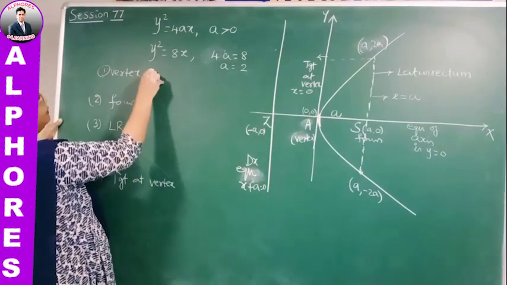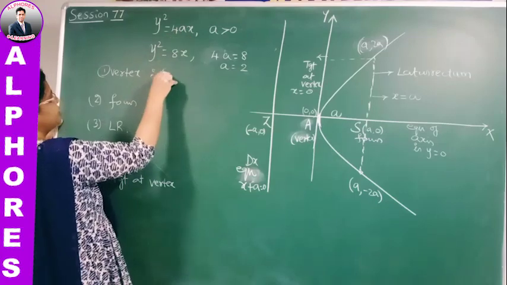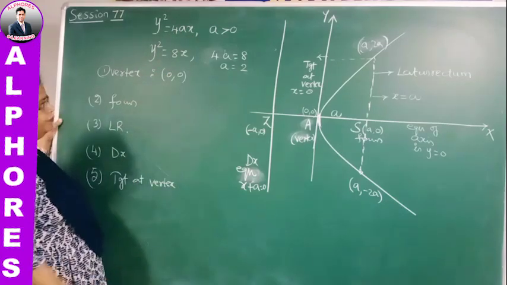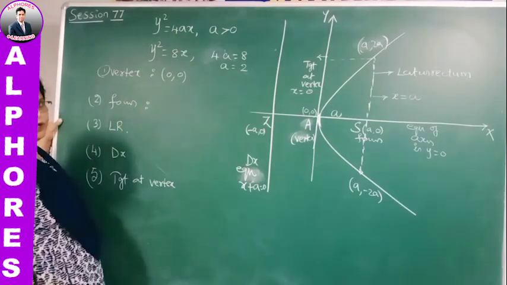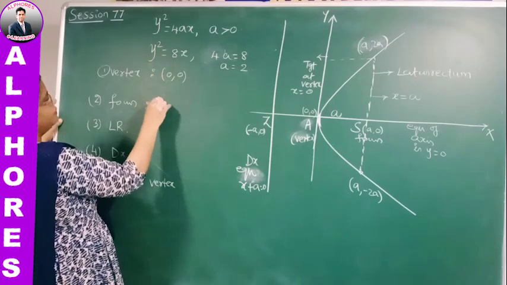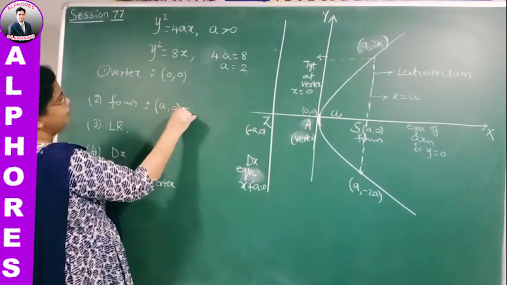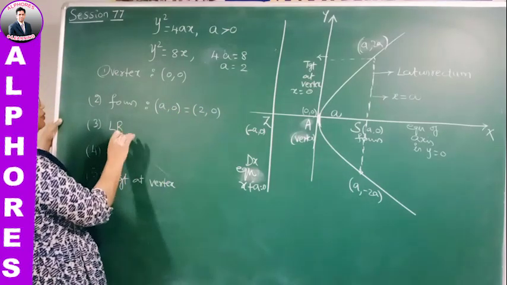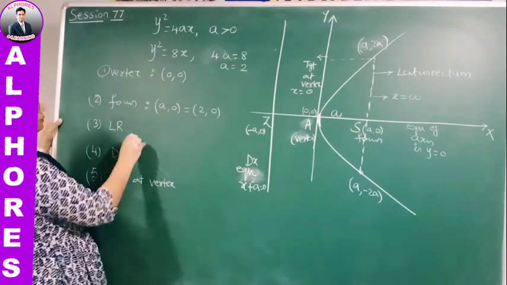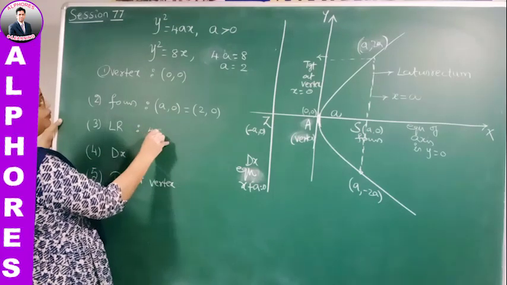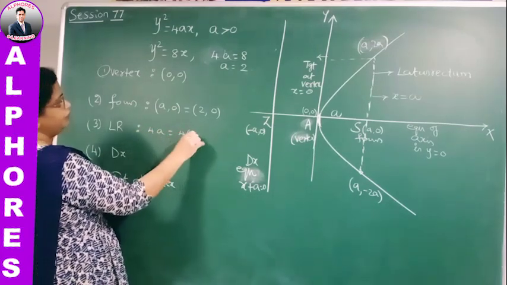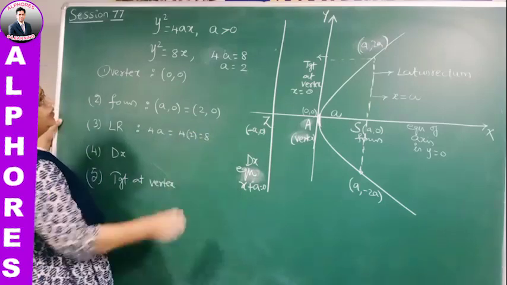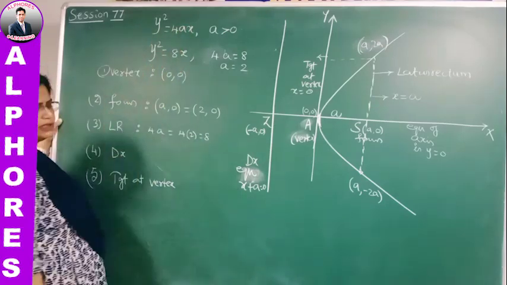Now the vertex of this standard form is nothing but 0 comma 0. The focus coordinates, by the formula a comma 0, here are 2 comma 0. The length of the latus rectum is 4a, and here it is 4 into 2, thereby 8. That is exactly the coefficient of x you can take.